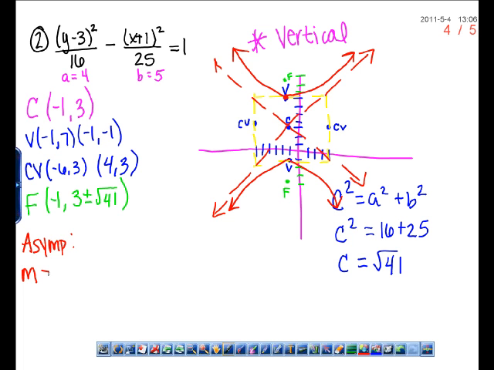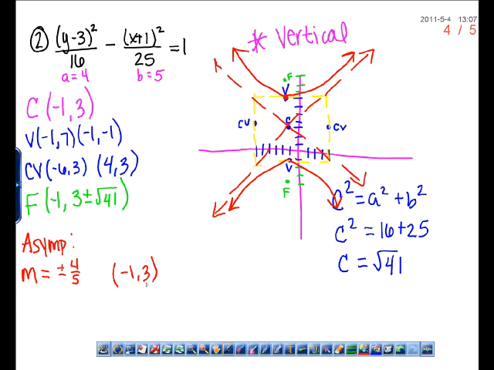So our slopes are plus or minus what? 4/5. And what's the point that we're going to use? The center. Yeah. And what's our center? -1, 3.